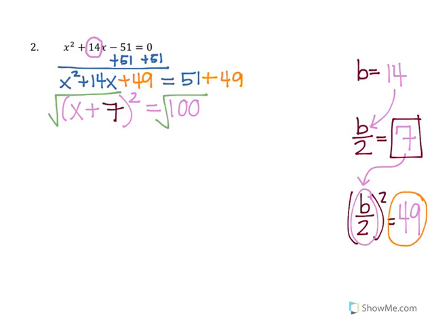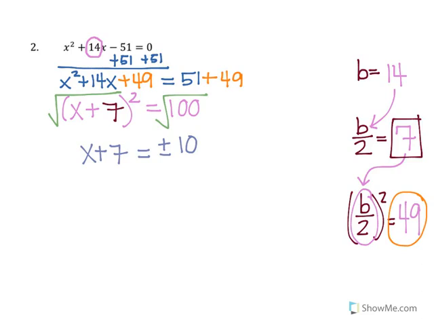They're opposites. So, what happens on the left is the square root and square cancel, and we're just left with what's inside, x plus 7. Now what happens on the right will always happen. We always get this plus or minus, and when we take the square root of 100, we end up with 10.